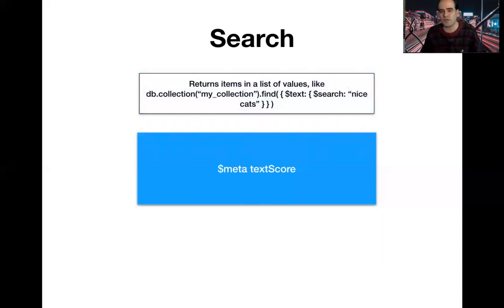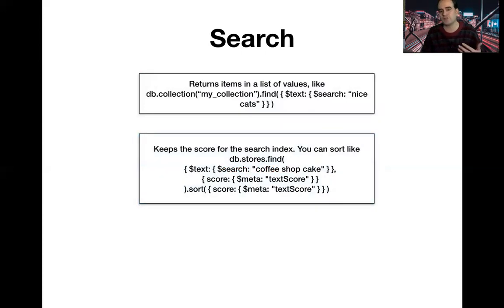You say, okay, I want to find, and I want you to do the full text search for nice cats. So Mongo is gonna order and sort the items based on text score. So you can say, okay, I want to search for nice cats, and give me the documents.